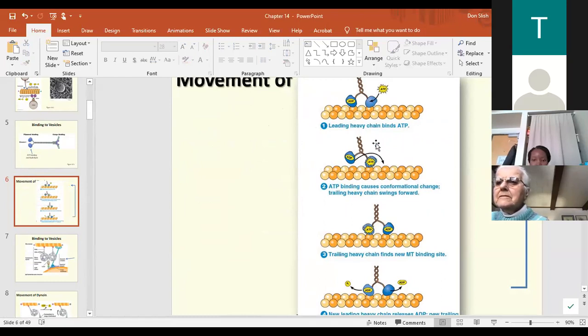ATP is bound to the front foot, and now the conformational change translates through the molecule to here, and that causes this to let go. Now it's hanging on to its ADP, but it's let go here, and it swings forward to there. And then it lets go. Okay, great.